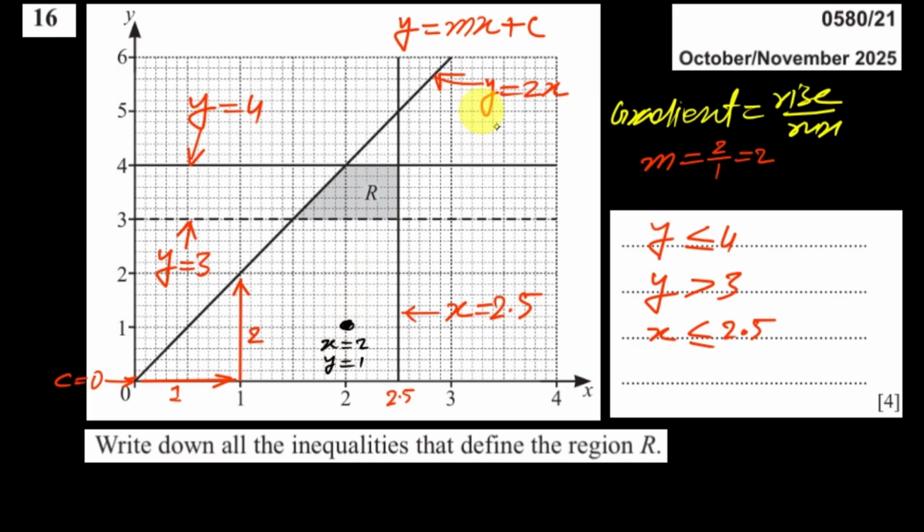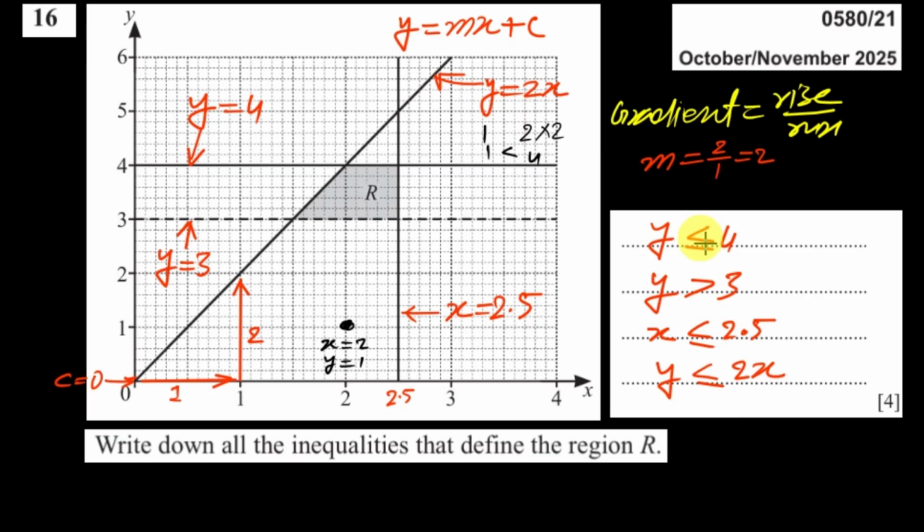Putting it in, y is 1, and 2 times 2 is 4, so we get 4. Which sign applies here? Of course 1 is less than 4, so we apply y is less than or equal to 2x, because this line is solid. So finally we write y is less than or equal to 2x.